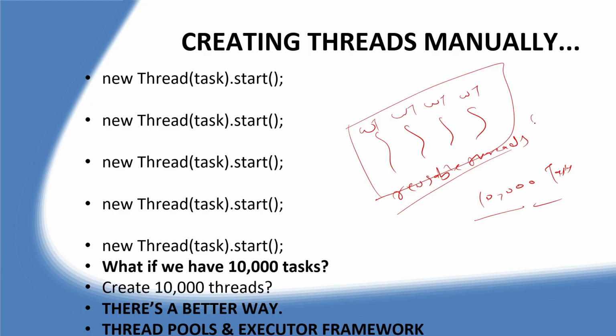Once, let's say, 100 tasks are divided among these 4 threads and completed, they will pick another 100 tasks, and likewise they will reuse these threads for completing 10,000 tasks. So we could create a controlled set of reusable worker threads and simply submit tasks to them. That is exactly what thread pools and Java's executor framework are designed for, and it changes the way we manage concurrency in real Java applications.